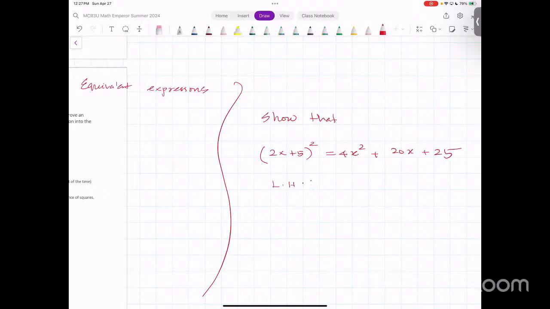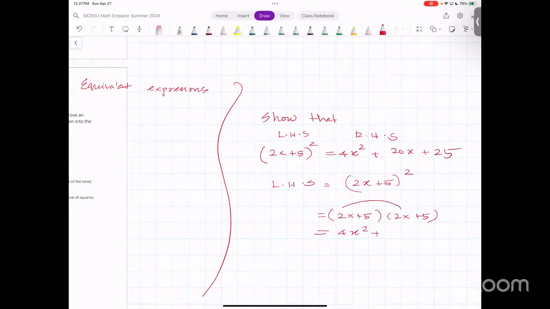We can say there's a left-hand side of the expression and a right-hand side of the expression, isn't it? So what does the left-hand side of the expression say? (2x plus 5) squared. So then we write it as (2x plus 5) times (2x plus 5). Then we expand it by using FOIL: 4x squared plus 10x plus 10x plus 25, which is going to be 4x squared plus 20x plus 25.